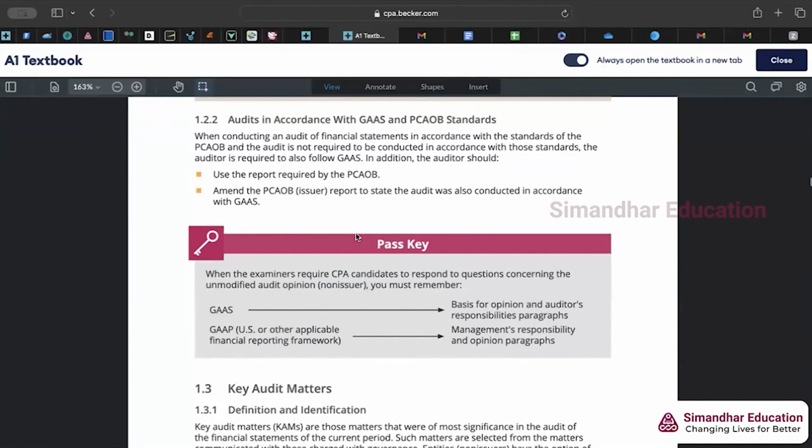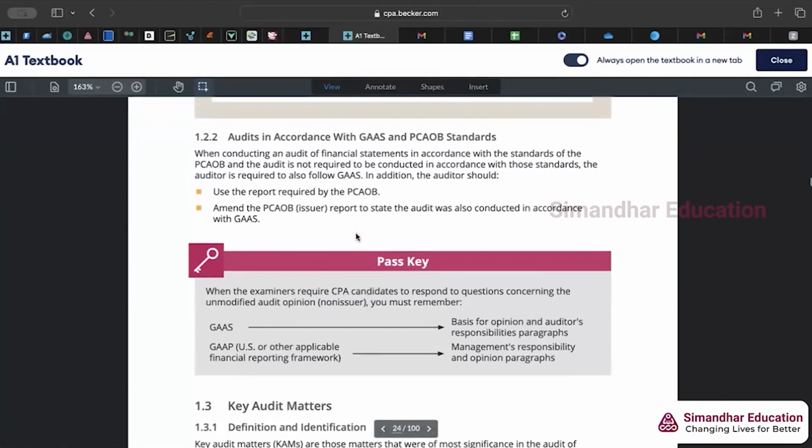What are they trying to say? They're trying to say that in MCQs or in your simulations, if they give you anything related to GAAS, it has to be directed to basis of opinion or auditor's responsibility, because those are the two places where it is disclosed. If it is GAAP, then it is opinion and management responsibility.